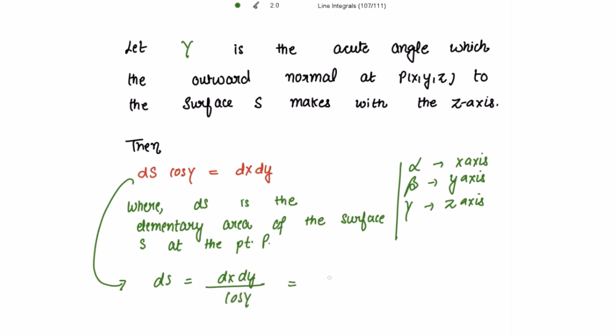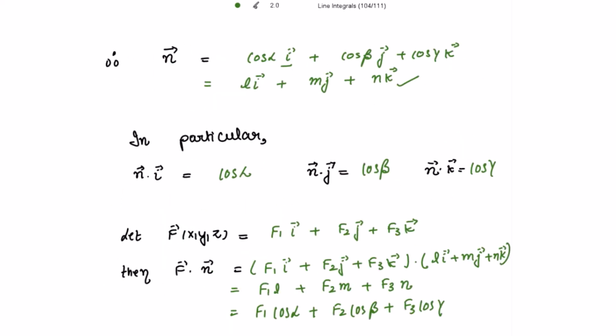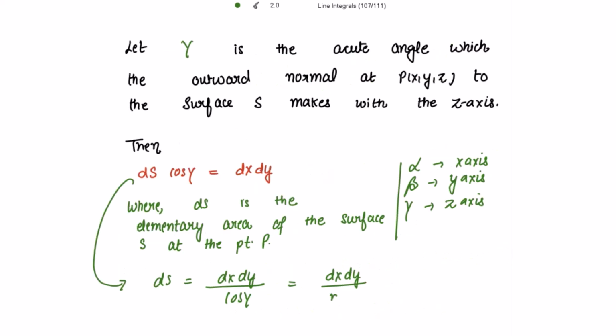And that is further equal to dx dy divided by, what can I write instead of cos gamma? Yes, it is the dot product of n vector with k vector, right? But I have to mention the mod over here because of the restriction of the sign of the outward normal, right?